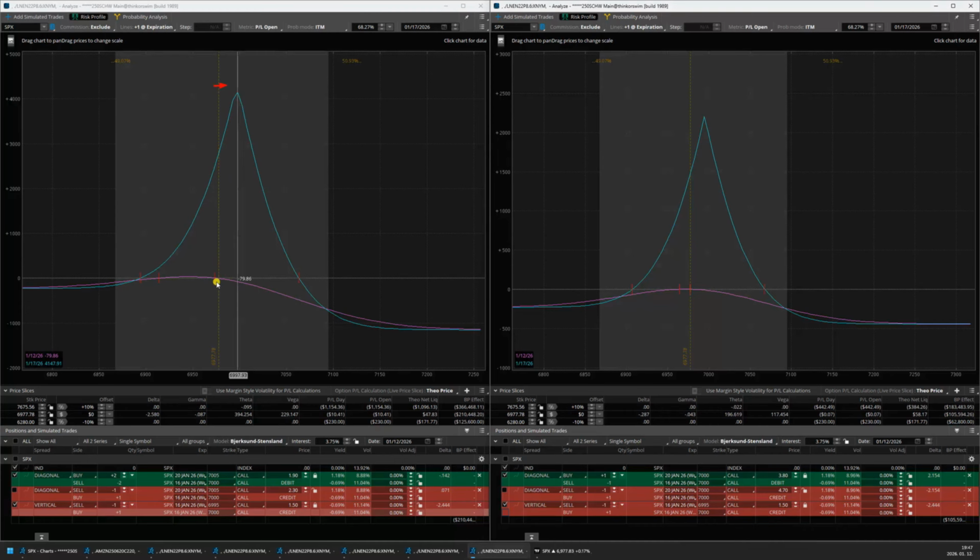So if the market stays here, that's healthy, and this one even healthier because we only have like $5 in between the legs. So this is how they look right now, and I will show you how the next coming days will change the IV skew of the time spread and how it will open up.